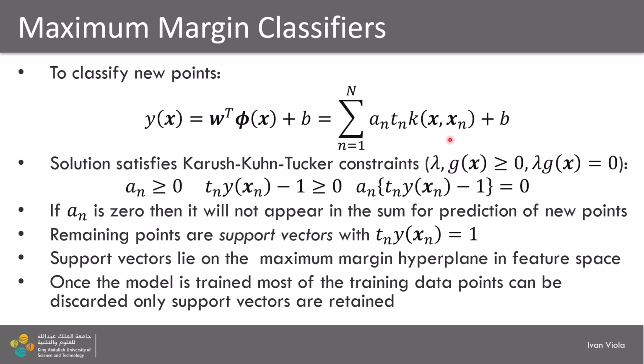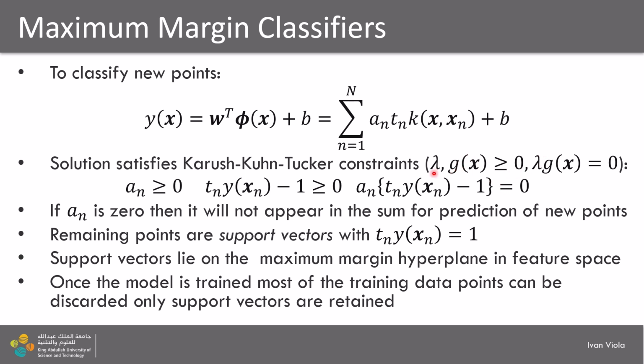And we see that this solution will satisfy the so-called KKT or Karush-Kuhn-Tucker constraints, where in general that constraint means that the lambda and also some function g(x), which we are trying to maximize, are bigger than or equal to 0.